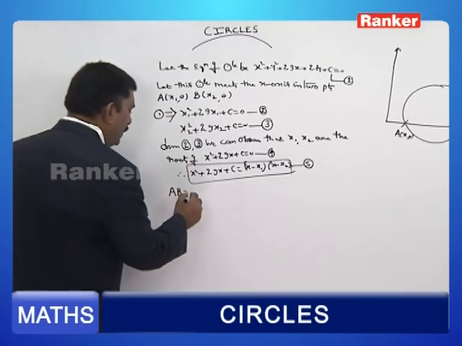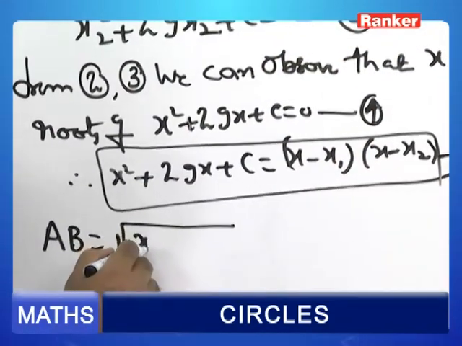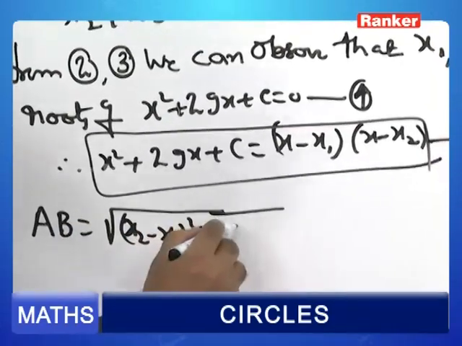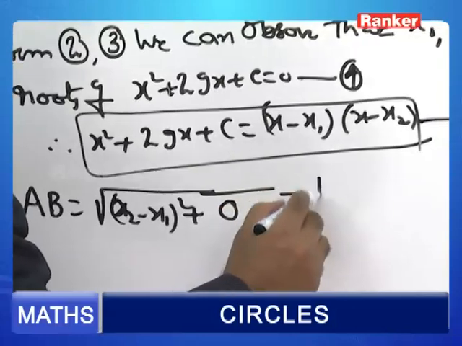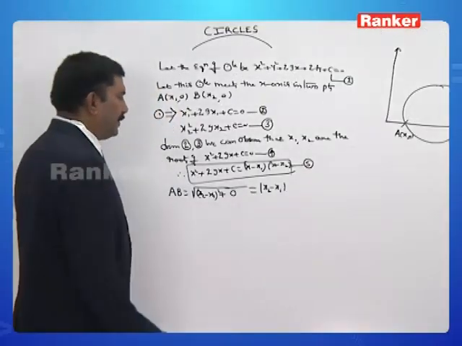So AB is equal to, applying the distance formula between those two, square root of x2 minus x1 whole square plus 0. So I can write this as modulus of x2 minus x1.